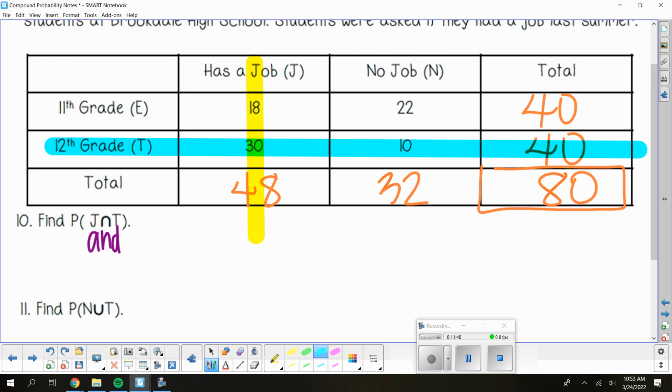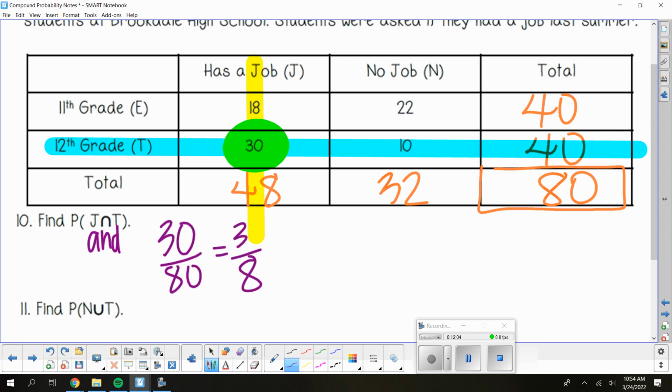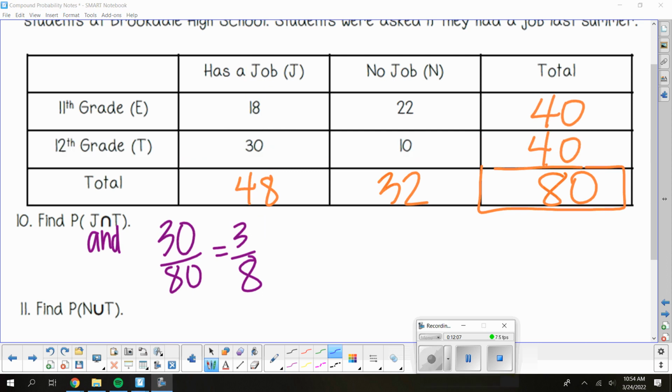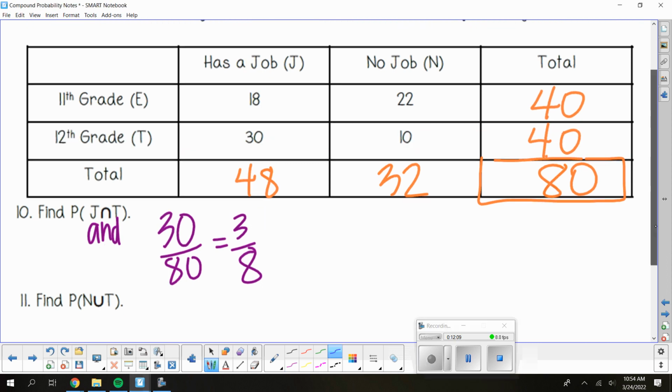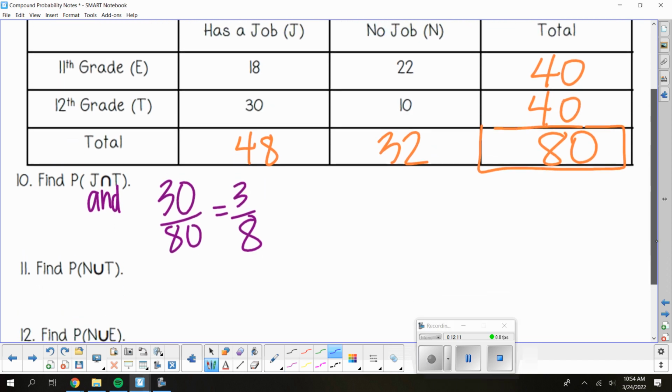Well, what's the probability of both of those things happening at the same time? I see an overlap right here at 30. So it's 30 out of how many total people did I give my survey to? 80. So it is 3 out of 8.